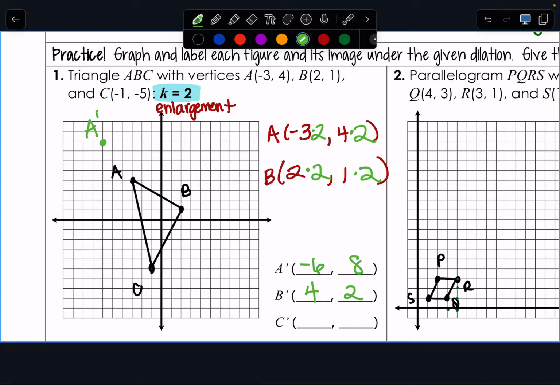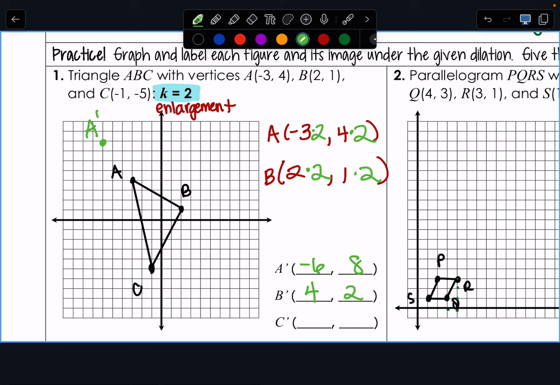B is 2, 1, so that's what I wrote in red. K is 2, so I'm multiplying both of the numbers by 2. So 2 times 2 is 4, and 1 times 2 is 2. Now I'm going to plot it.